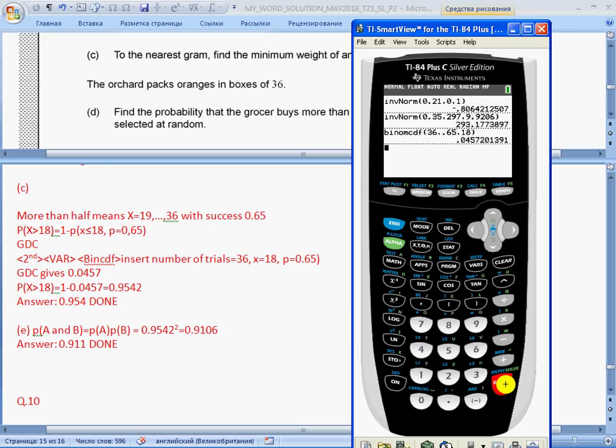So we get some value, but we need 1 minus this value, so 1 minus answer. Answer is second and this minus. So we got the value.